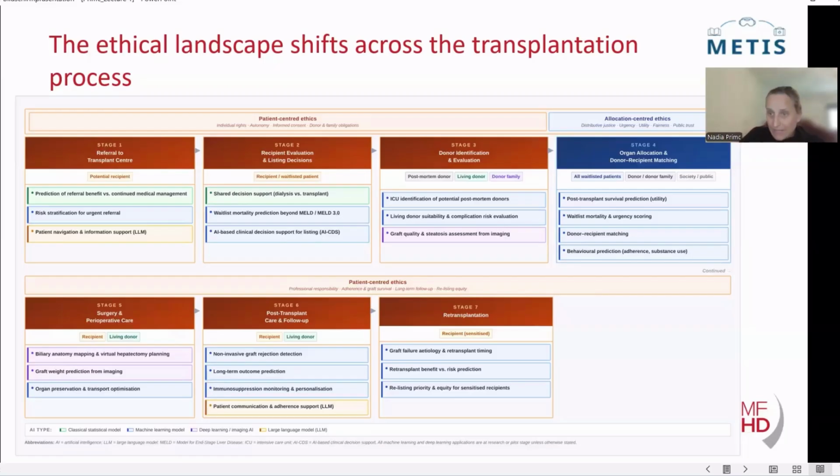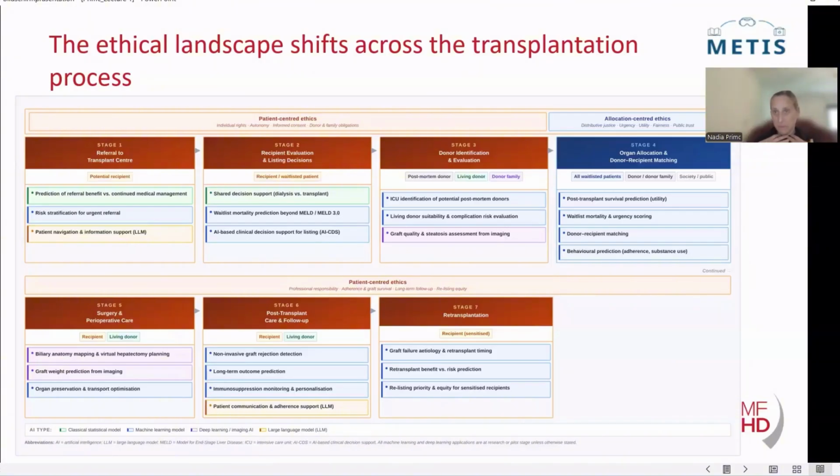So that's a very simplified depiction of the transplantation process, but the point I want to make is that what is striking from an ethical point of view is that the dominant ethical logic shifts across these stages. At the stage of referral and listing decisions, from stage 1 to stage 3, when doctors and patients discuss whether transplantation is the right path, the ethical framework is patient-centered.